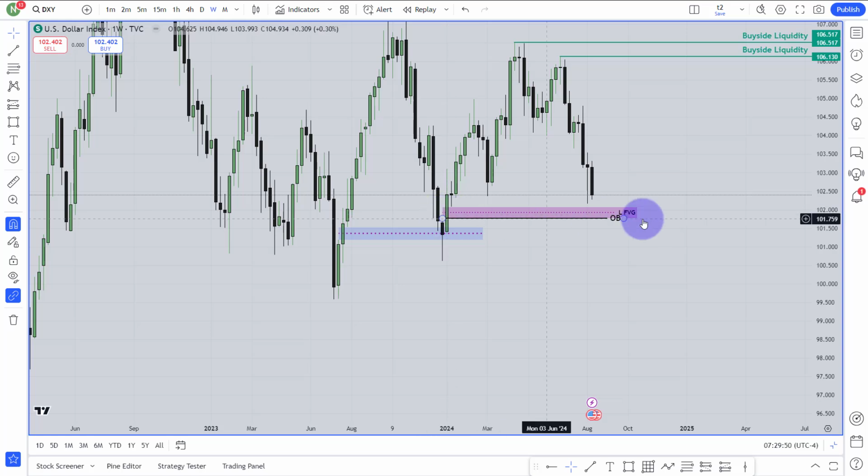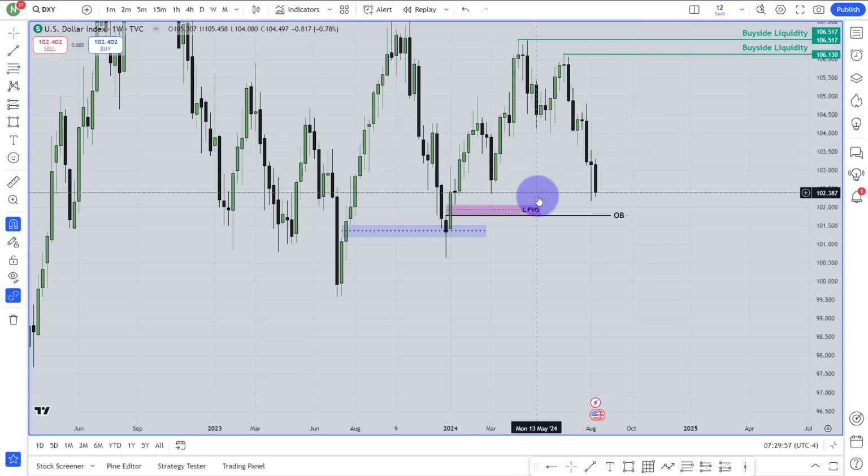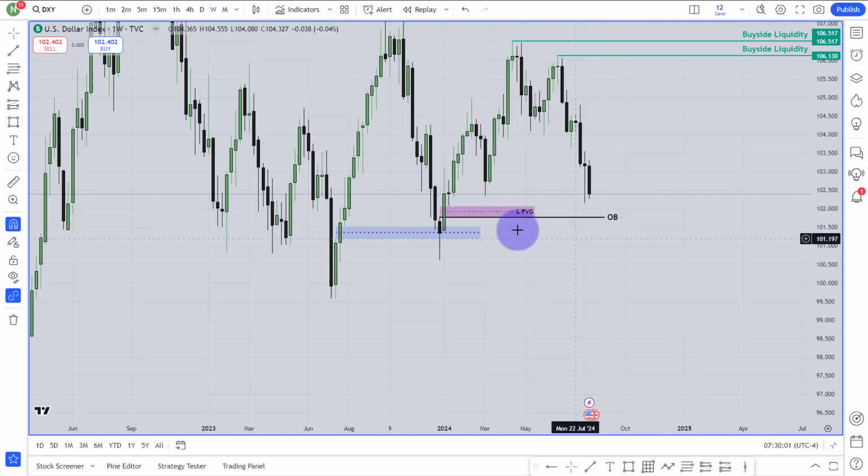At the same time, you have this last parabolic gap, but here my main intention is that order block. So I was thinking that market will go higher without trading this parabolic gap, but as market is falling, now my first intention is, is the market going to trade that order block level?